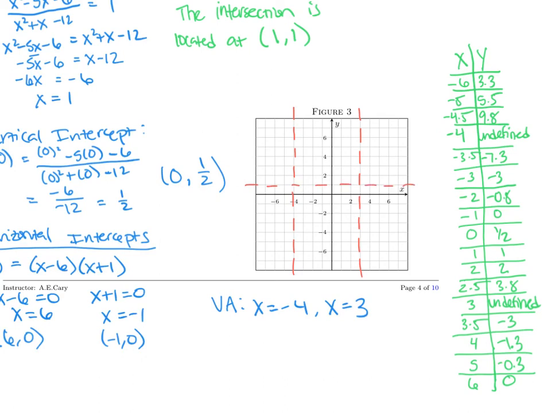We're going to have a y-intercept at (0, 1/2). We're going to have a horizontal intersection point at (1, 1). And we're going to have 2 x-intercepts, one at -1 and one at 6.